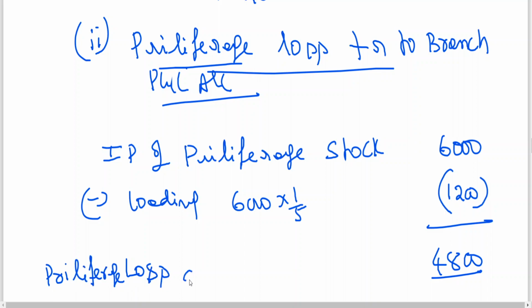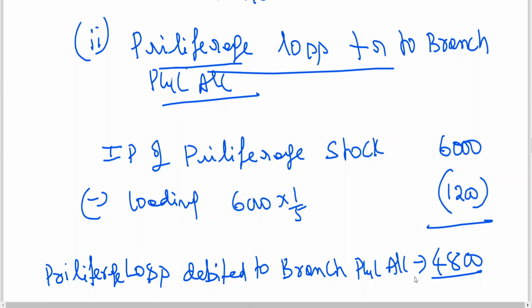Pilferage loss debited to branch P&L account is 4,800.